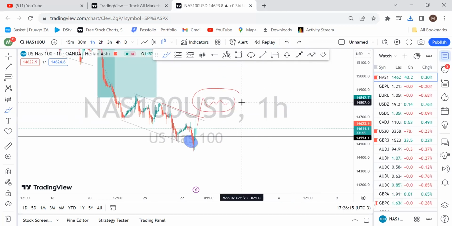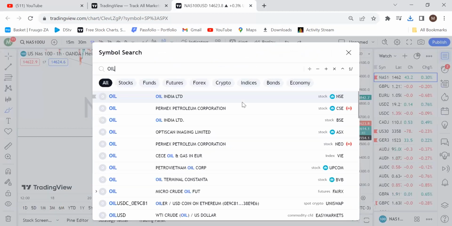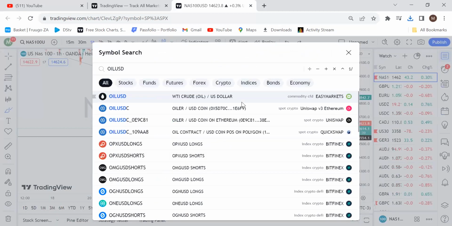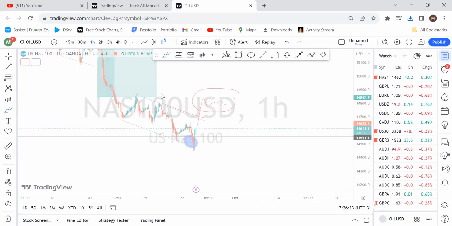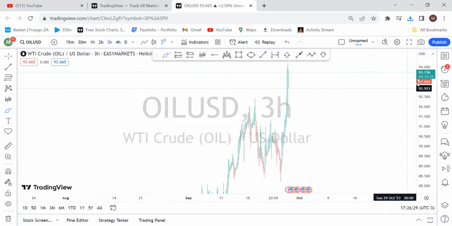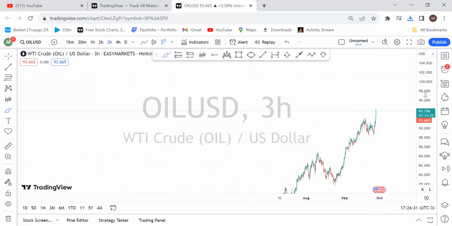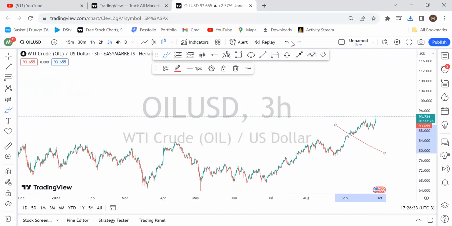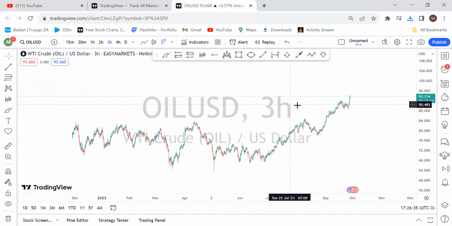The second pair that I'm gonna look at is oil. Let's see what we have with oil. So I'm just gonna go back up to the 3-hour time frame and try to see what's actually happening, right?